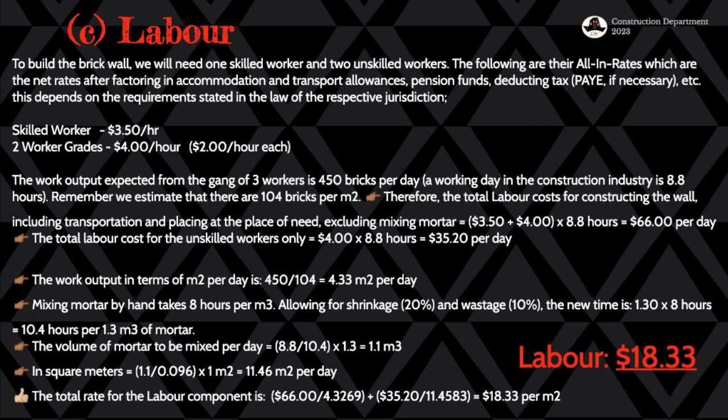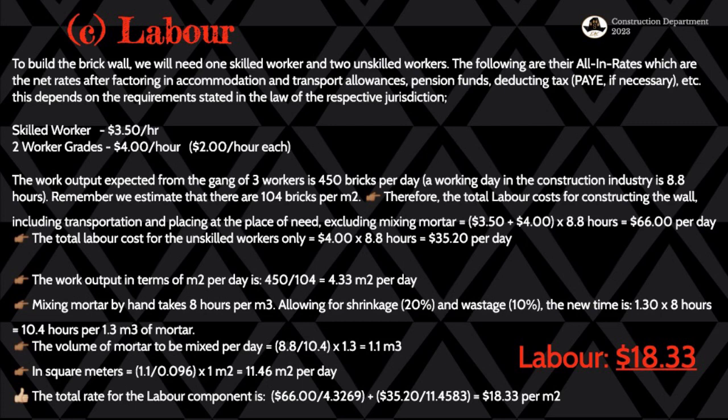And now we can calculate the total rate for the labor component, which is the sum of the cost of labor when laying the bricks, when building the wall, and the cost of the labor for mixing the mortar. We calculated them separately.